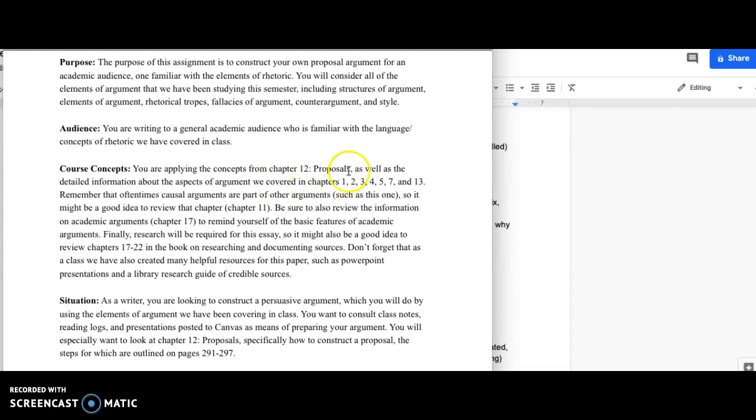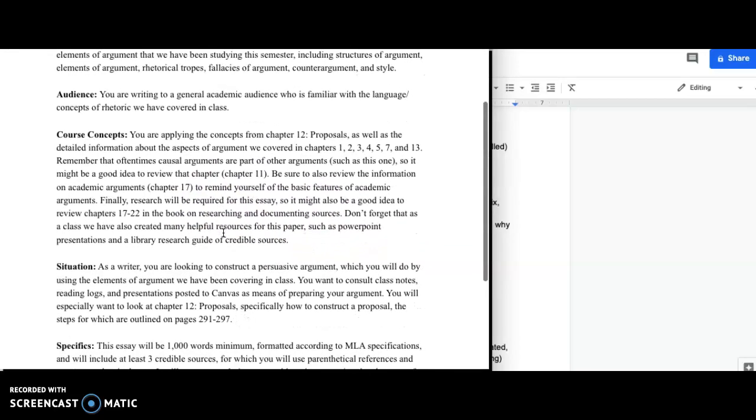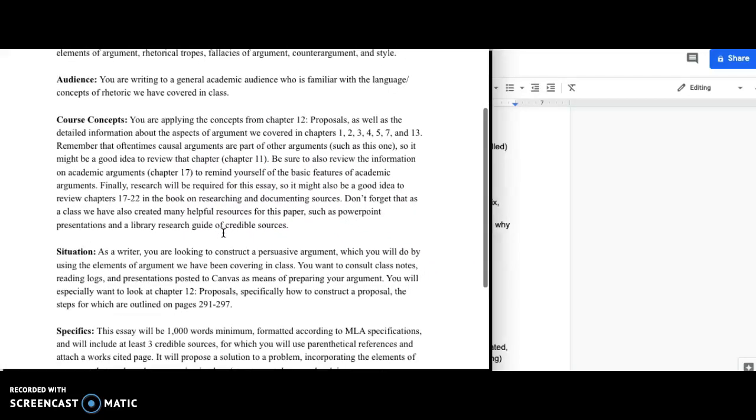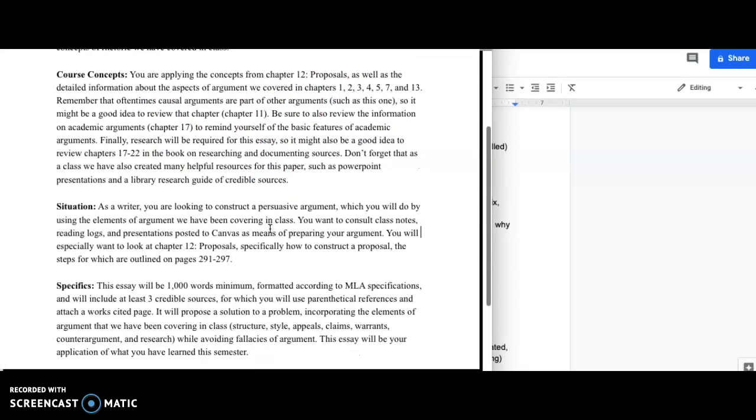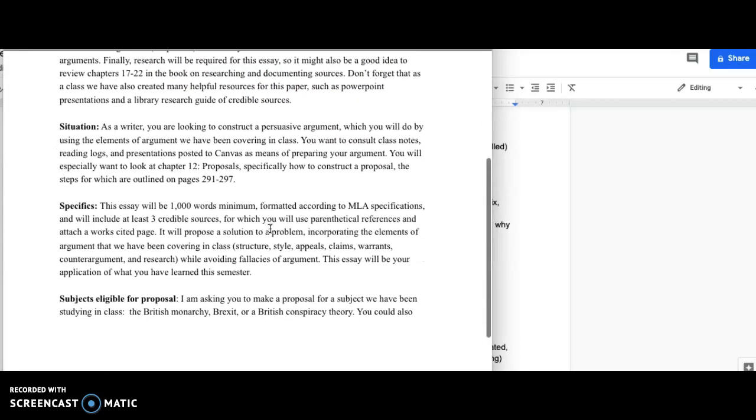So these are all the components, as it says here, course concepts, all these different chapters. And it said in particular, you want to look at academic arguments, chapter 17, and then chapter 12, proposals. So you're going to be looking at those two chapters in particular.